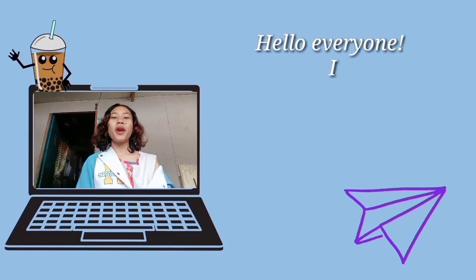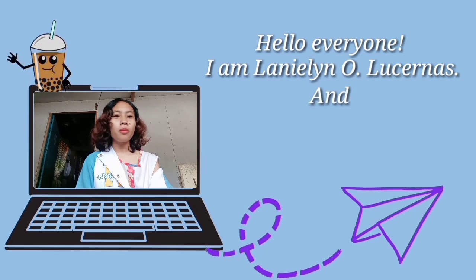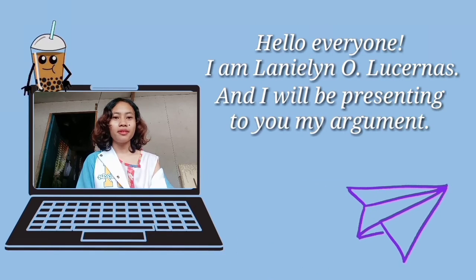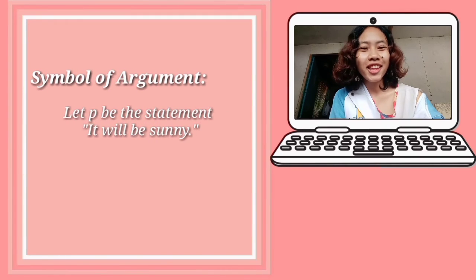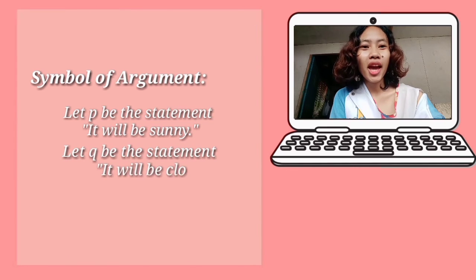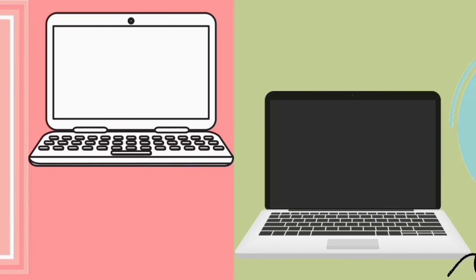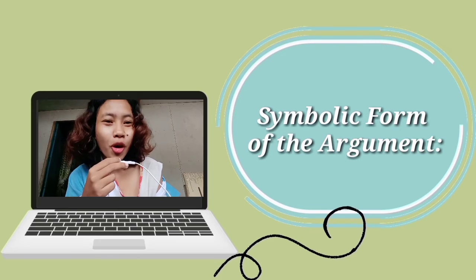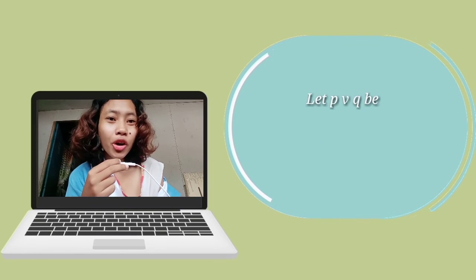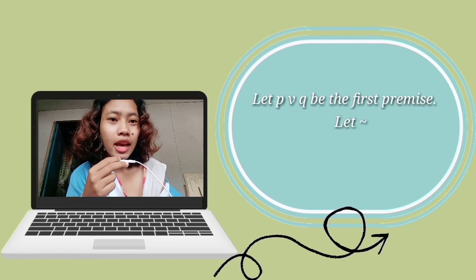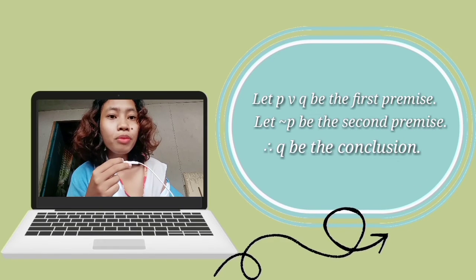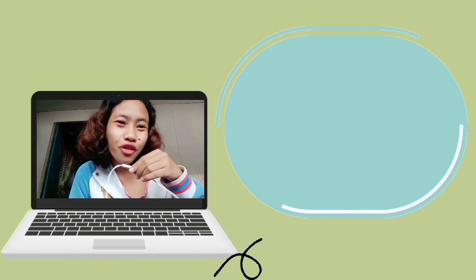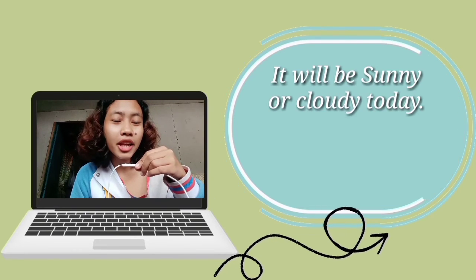Hello everyone, my name is Lanilyn Olucernas and I will be presenting to you my argument. Let P be the statement, it will be sunny, and let Q be the statement, it will be cloudy. For the symbolic form of the argument, let P or Q be the first premise and let not P be the second premise, and their conclusion would be Q. For the final argument, it will be sunny or cloudy.